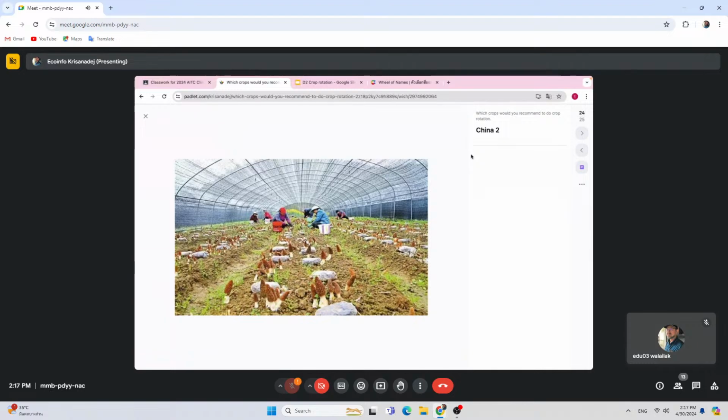This is a kind of edible mushroom. This is two harvests a year. When we finish the harvest of the edible mushroom, then we plant the vegetable.